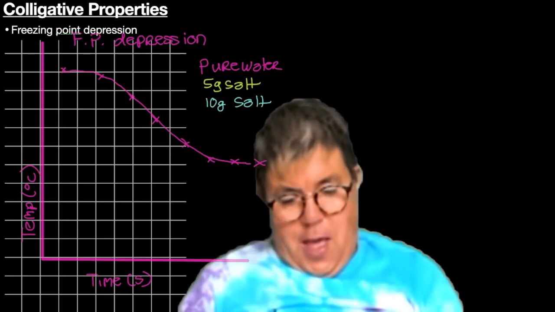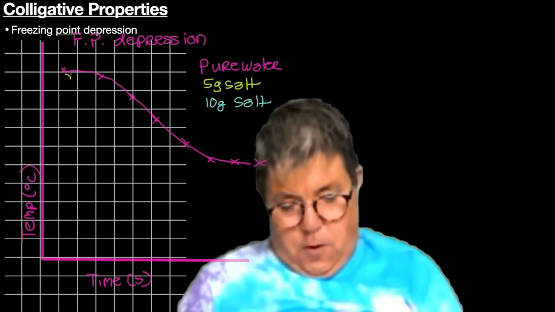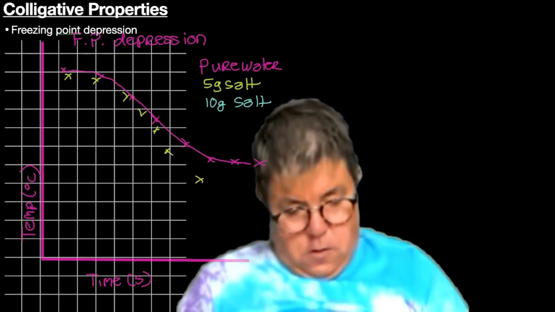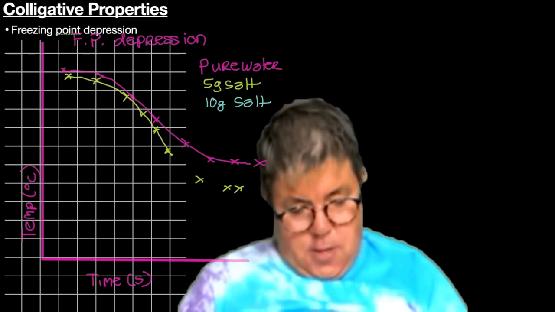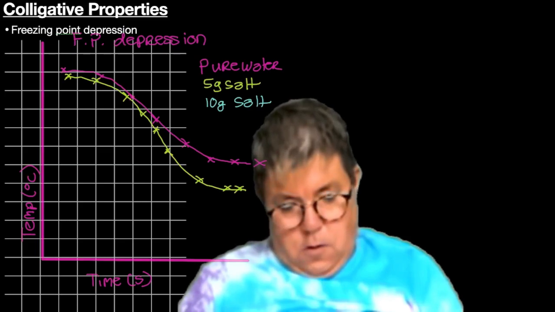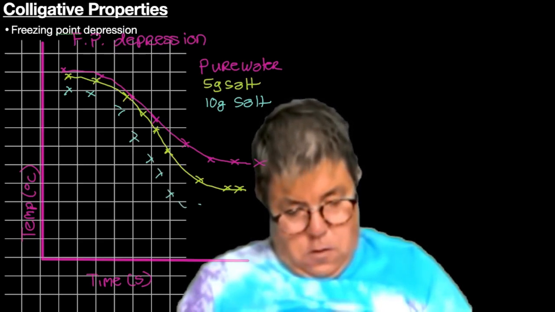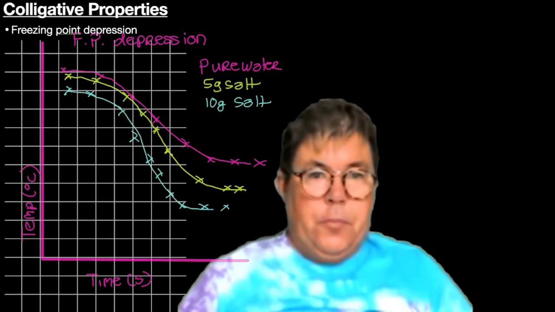Now, if we have 5 grams of salt, we may start somewhere, looks like, so on, so forth. Connect the points. Finally, we will have 10 grams of salt. We may have something that looks like this one.